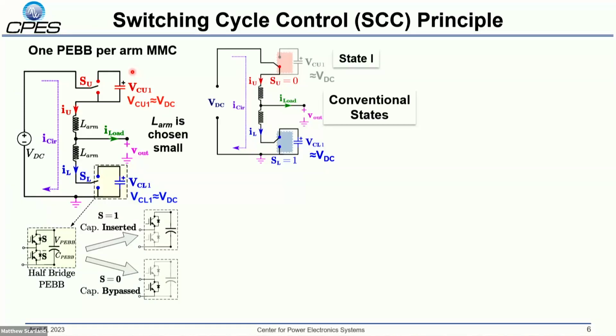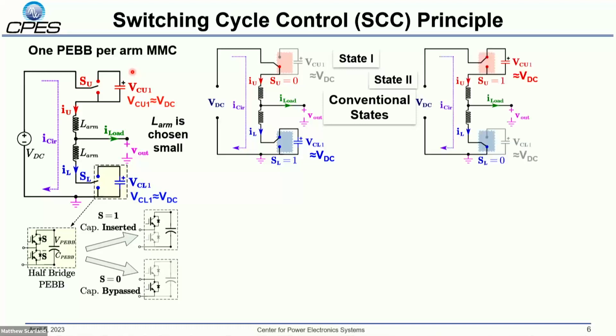Now, conventionally, there are two operation modes that are very well understood and utilized. You insert a few capacitors in the phase leg and bypass a few others, and generate an AC voltage at the node.